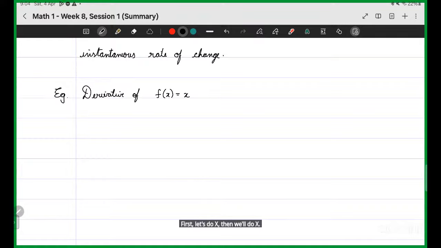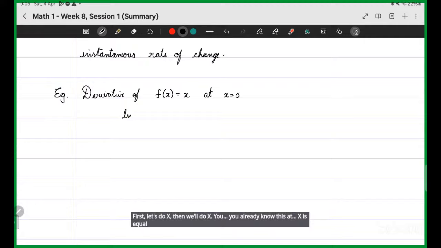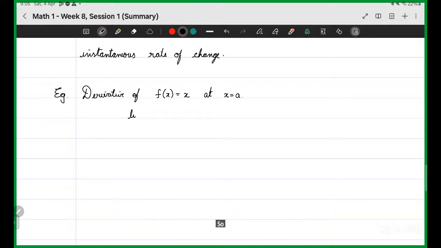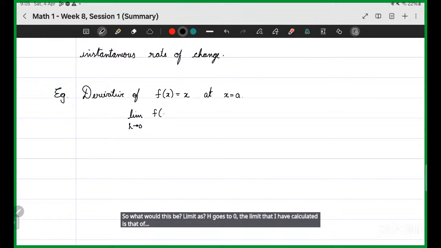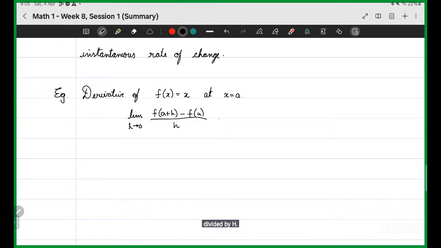You already know this at x is equal to a. So what would this be? The limit as h goes to 0 of f of a plus h minus f of a divided by h. That is a plus h minus a over h.